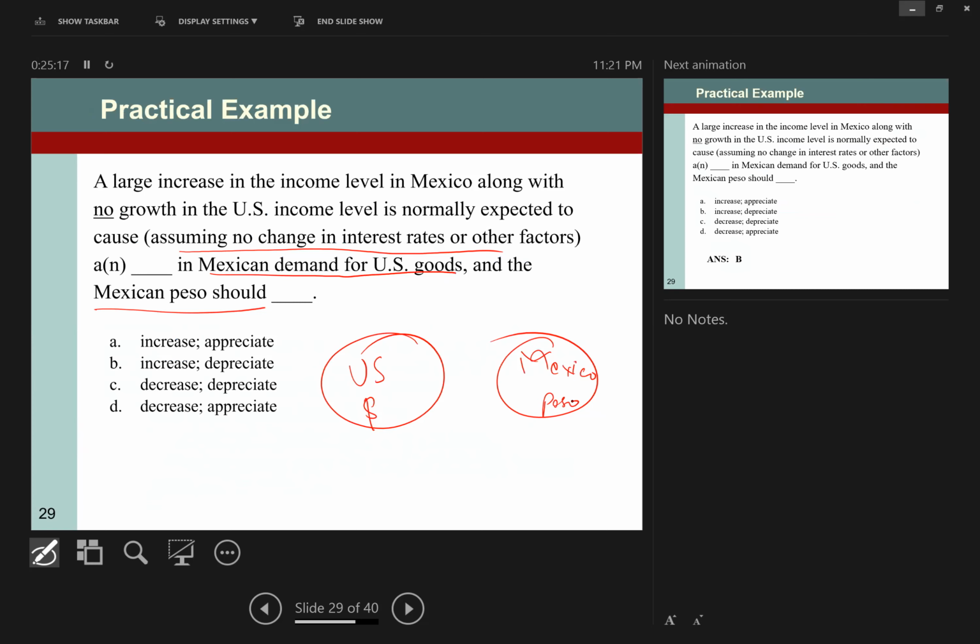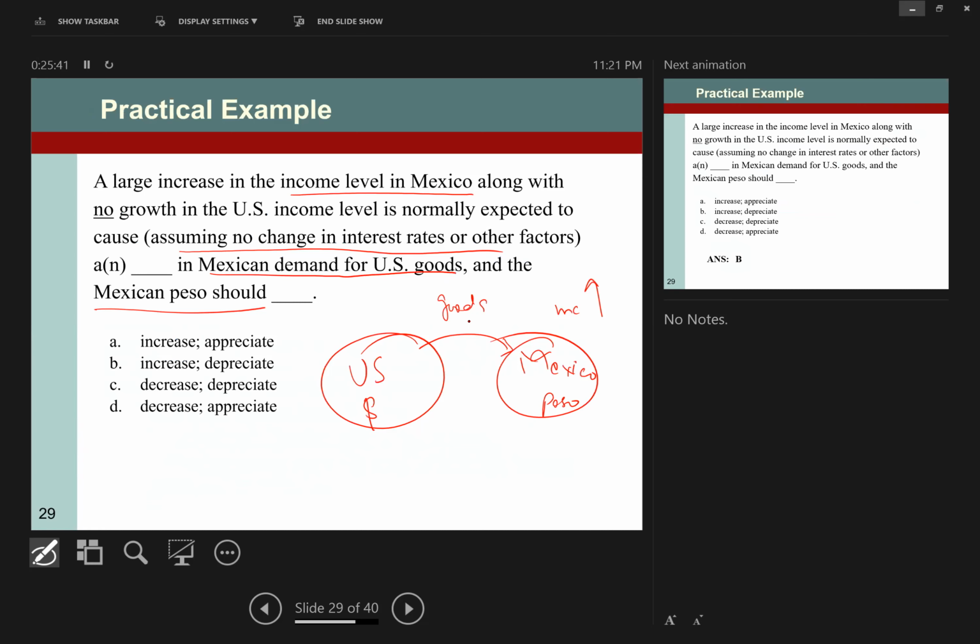A large increase in the income level in Mexico. Mexico's income level increased. Now, what happened? The Mexicans will demand more goods from US. They can afford it. They're getting rich, right?